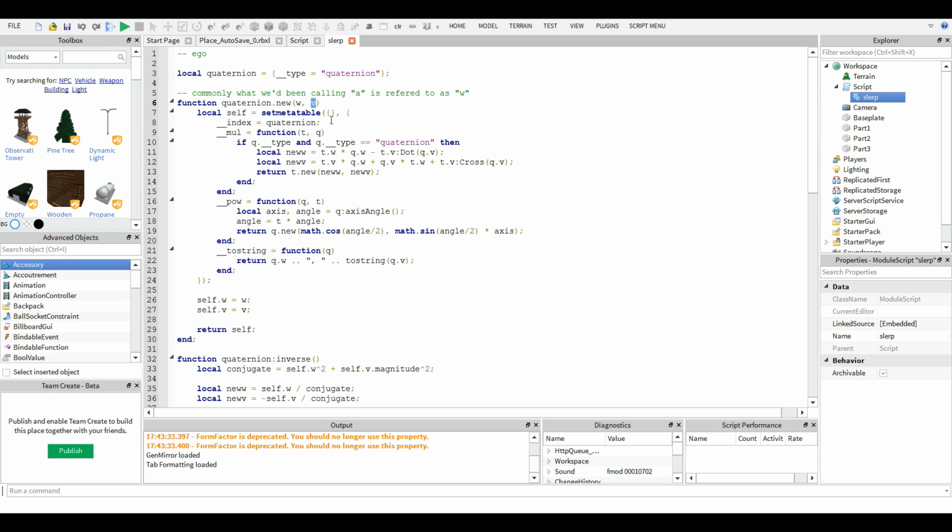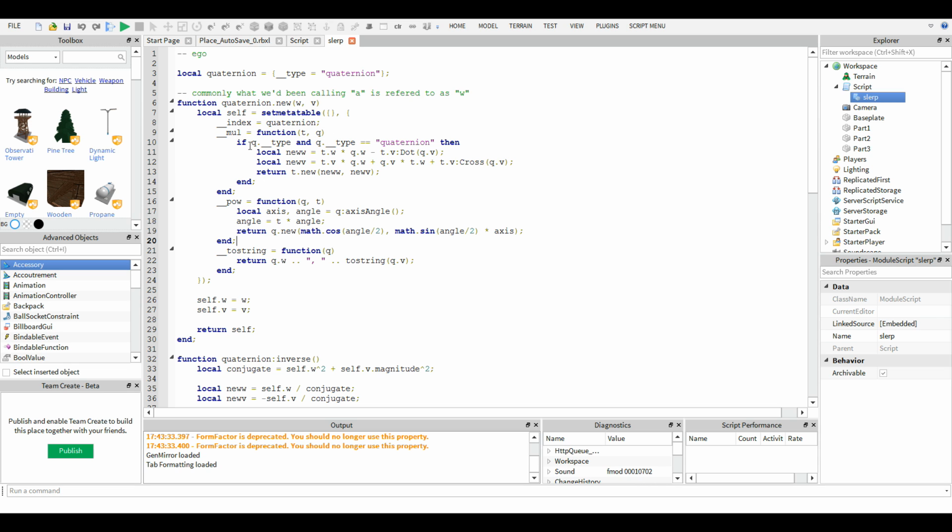V, that's just the vector. We're pretty familiar with that because we used it throughout the video. And this stuff's important. The index isn't that important because that just has to do with object-oriented programming. The stuff that's important is the multiplication, the power, and the to-string.